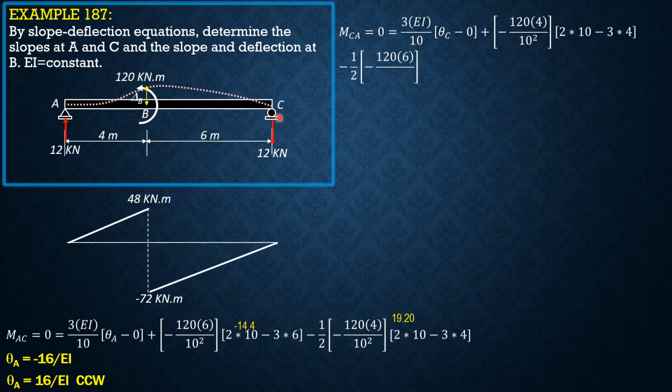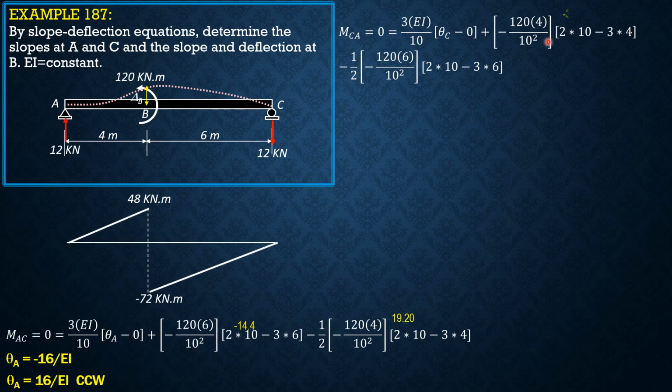For the fixed end moment at C, it is M, which is negative 120, times A, 4, over L square, quantity 2L minus 3A, and minus 1/2 fixed end moment at A, which is M, negative 120, times B, which is 6 over L square, quantity 2L minus 3B. B is 6 for fixed moment at A.